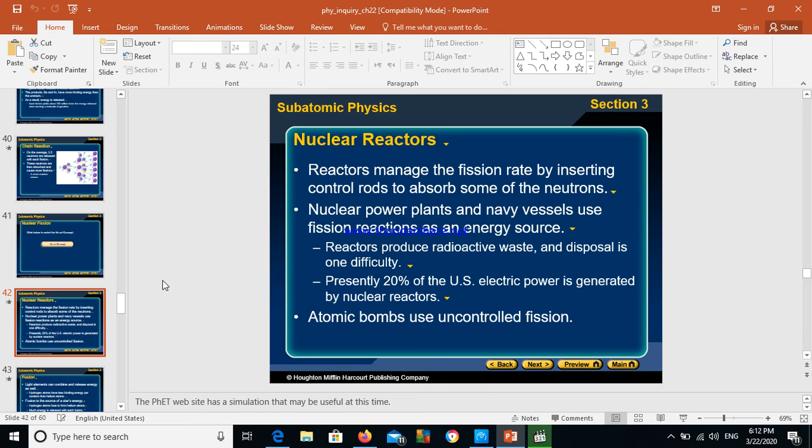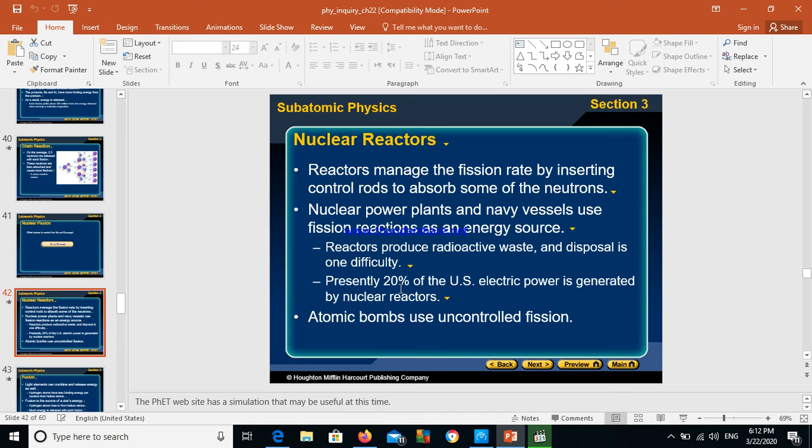Reactors manage the fission rate by inserting control rods to absorb some of the neutrons. Nuclear power plants and navy vessels use fission reactions as an energy source for electric energy. Reactors produce radioactive waste, and disposal is one difficulty.